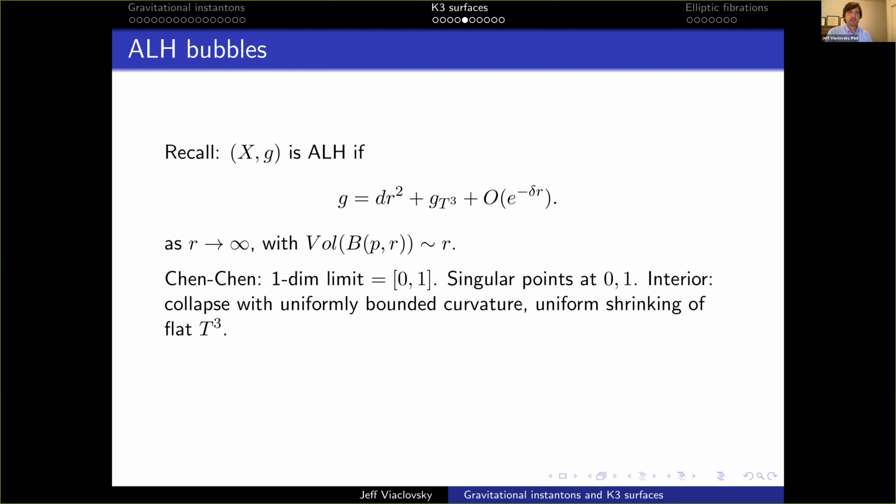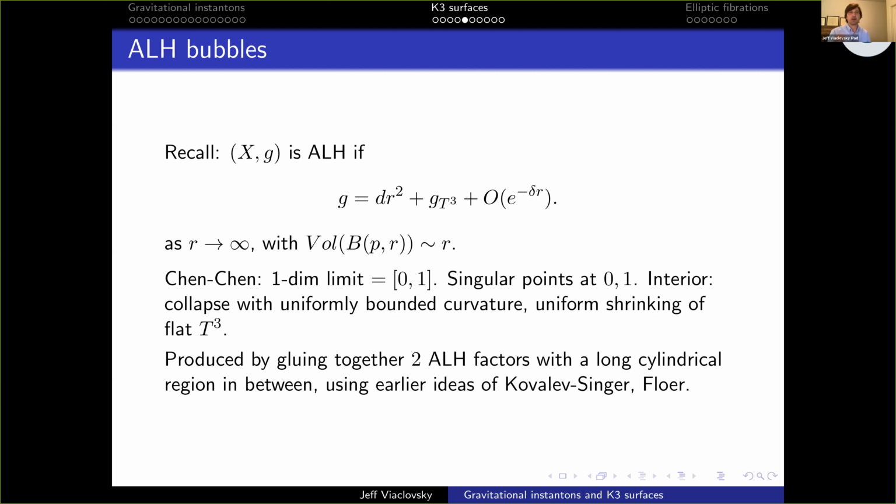This is like in Cheeger-Tian's theorem. Away from the singular points, you get collapse with bounded curvature, and in this case, it's just uniform shrinking of flat T3s. But then at the endpoints, these ALH metrics bubble off. These were produced by gluing together 2 asymptotically cylindrical metrics with a long cylindrical region in between. This was using earlier ideas of Kovalev, Singer, and Floer.